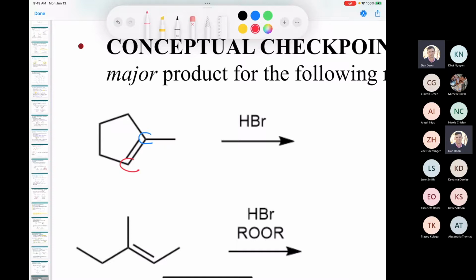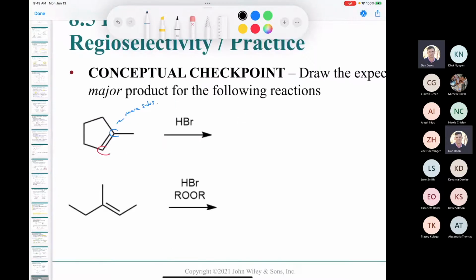Exactly. It's going to go on the blue one, isn't it? Because it's more substituted. Therefore, my bromine is going to go on that carbon. So let's draw my 5 atoms in the ring. This is my carbon in blue. This is my carbon in red. It already has a hydrogen on it, but now it's going to have the other hydrogen, and the carbon in blue is going to have the bromine.